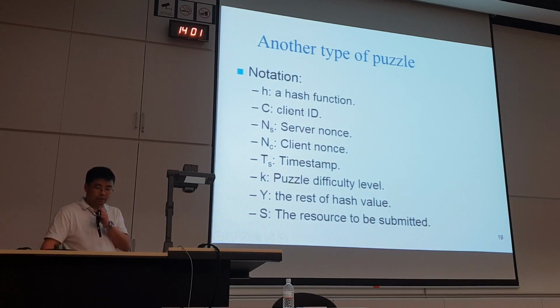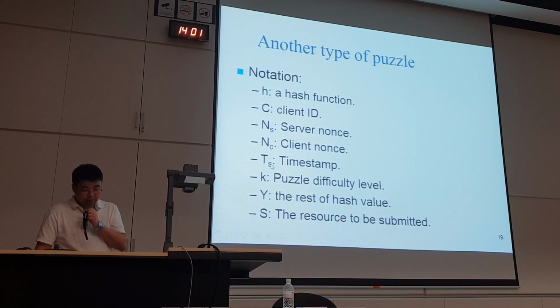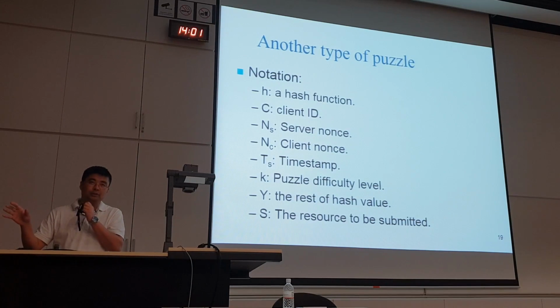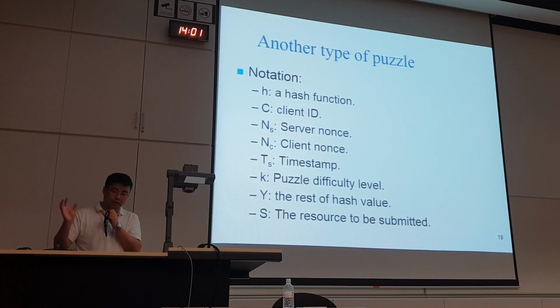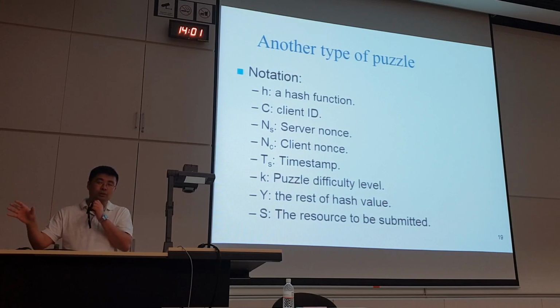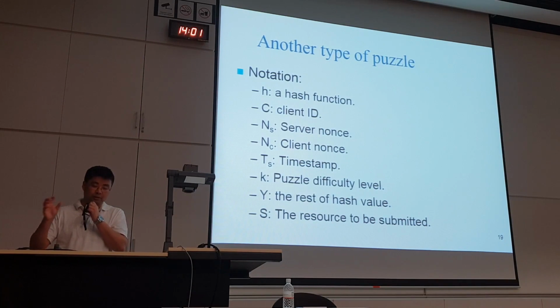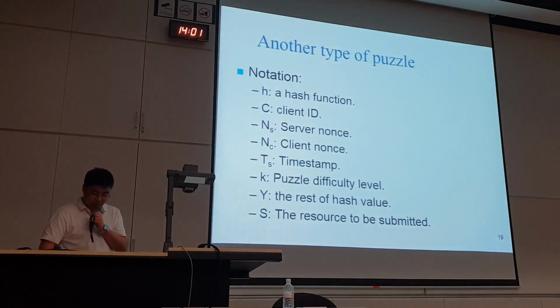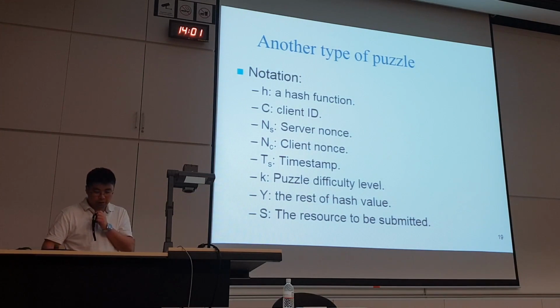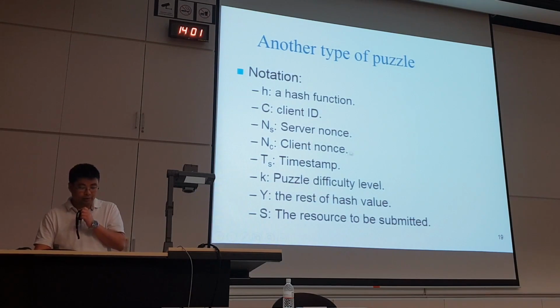The problem now is to find a particular input of the hash which will give a hash output in a special format. So we require the client to generate a special format hash output by finding some particular input. This is the overall idea of the second client puzzle.